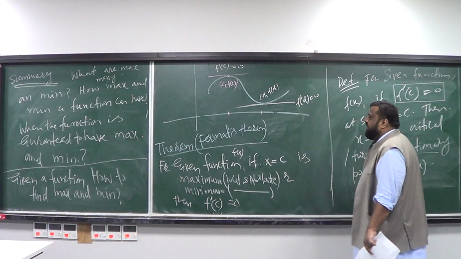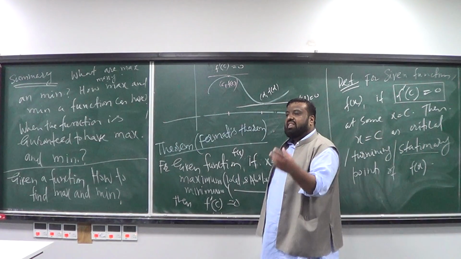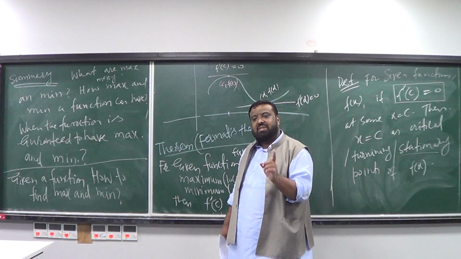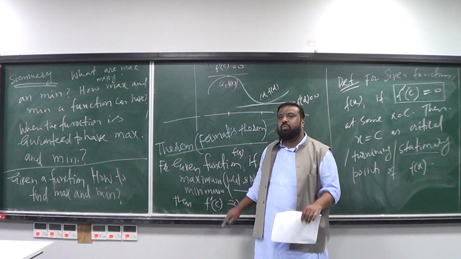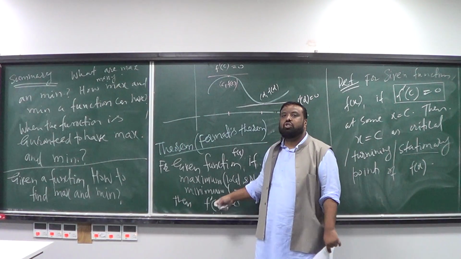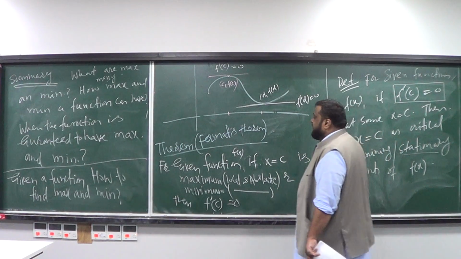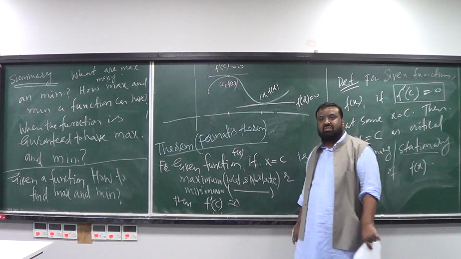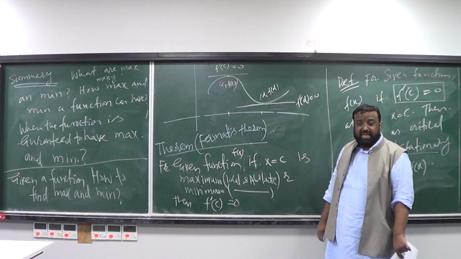Have another look at Fermat's theorem. It says that if you know in advance that x equal to c is a maximum or a minimum, then at that point the derivative of the function should be 0. In other words, that point should be a critical point, a turning point. Maximum and minimum must be critical points.